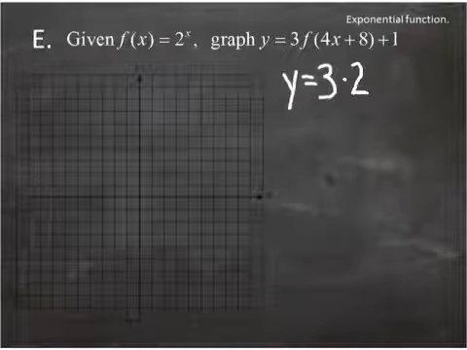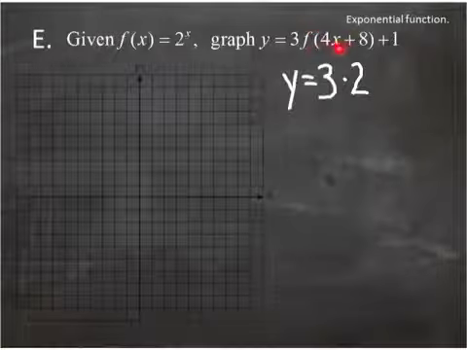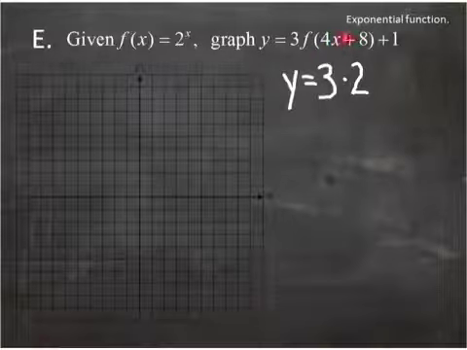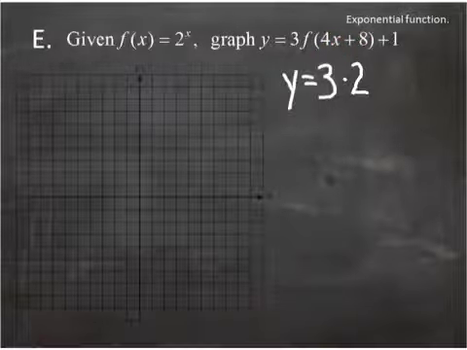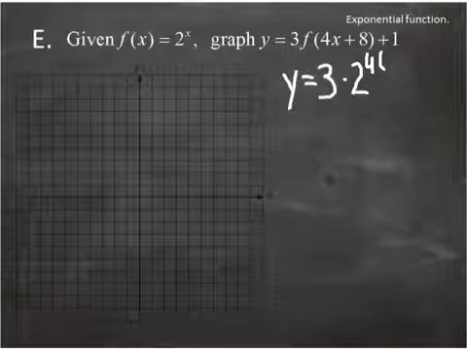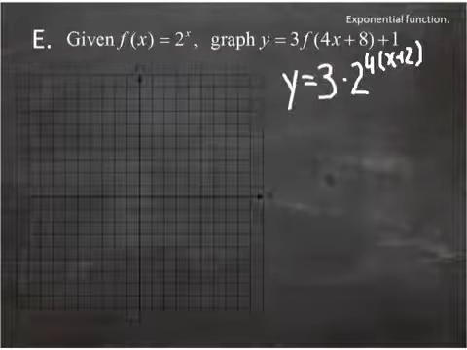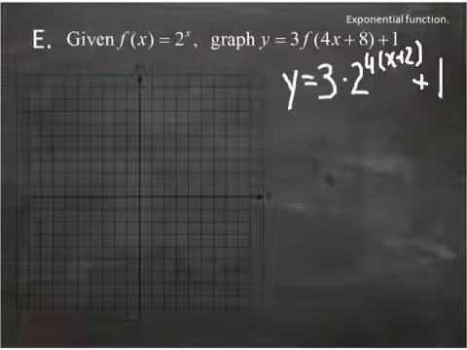Everything else, this part here, is all an exponent. However, my k value hasn't been factored out, my x isn't isolated, so I'm going to have to do that. I'll do that all in one step here, and I'll write my exponent as 4 bracket x plus 2, that's the exponent, and then the plus 1 is the c value, and it goes on the end.